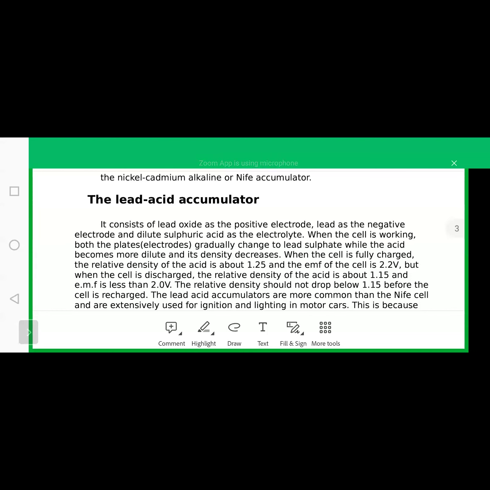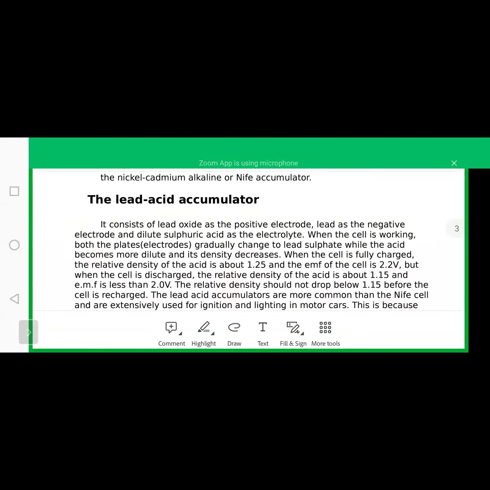Let me try. So, according to what we talked about when we were in class, a lead acid storage battery consists of cells that are connected in series. Each cell consists of a lead plate, which is the negative electrode, lead dioxide, the positive electrode, and dilute sulfuric acid as the electrolyte.